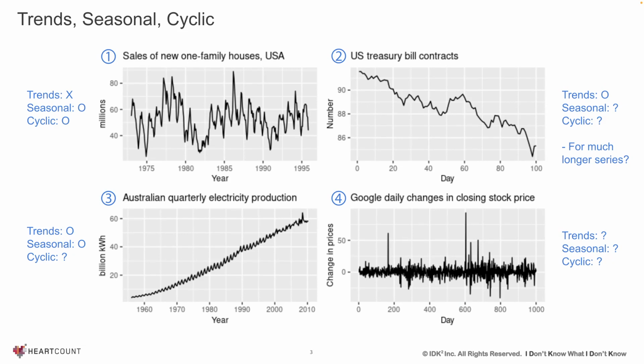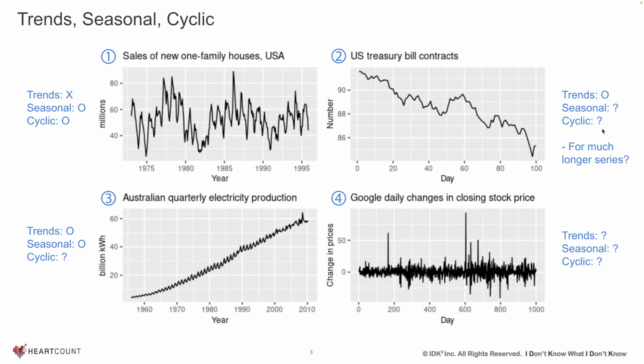The first chart, monthly housing sales, seems to lack a distinct trend. Yet, upon closer inspection, one can discern both seasonal and cyclical patterns. Cyclic behavior can be found with a period of about 6 to 10 years here. And the US Treasury chart, on the other hand, has no seasonality, but an obvious downward trend.